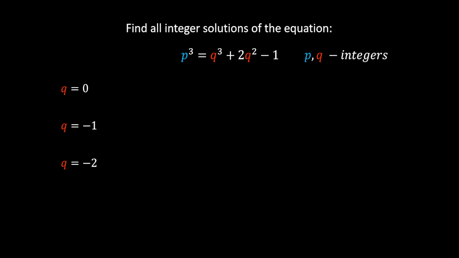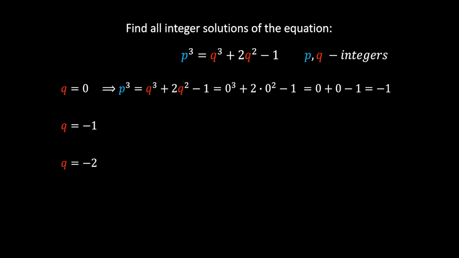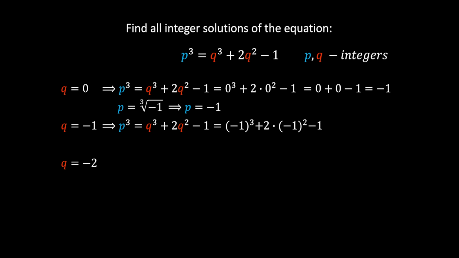Now let's try to find the values for p. We're just going to substitute the value of q inside our original equation, and if we do this and simplify, we will get that p to the power of 3 is actually minus 1, which means that p is equal to the third root of minus 1, so p is equal to minus 1. We're going to do the same for the second one, and we're going to implement the value of minus 1 instead of q, and calculate this.